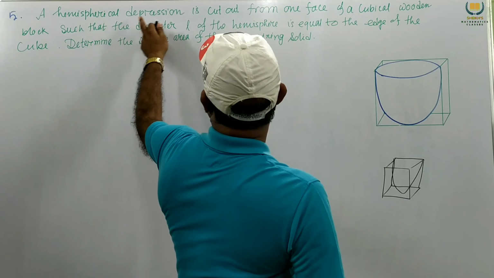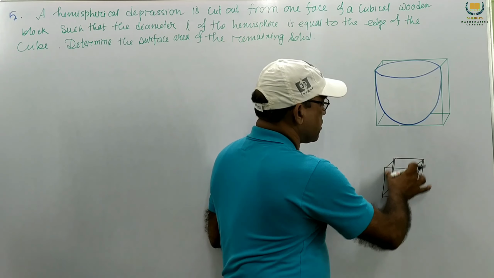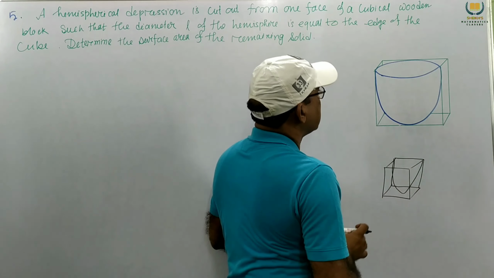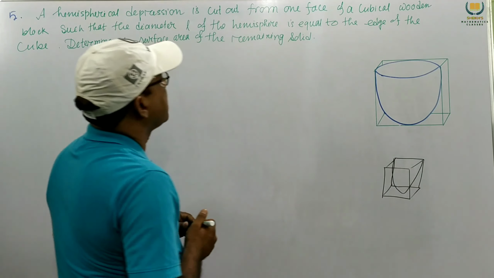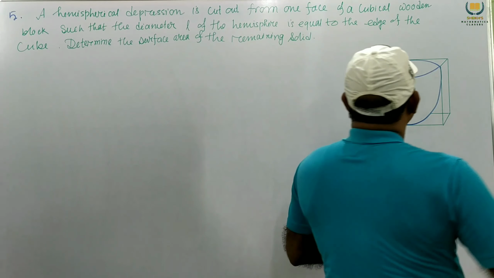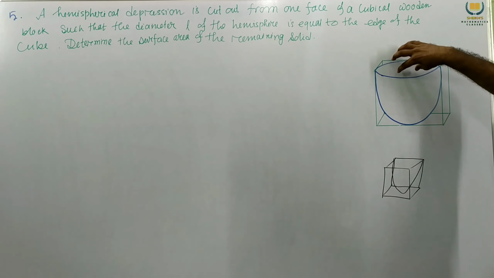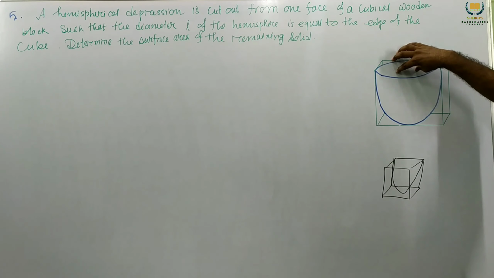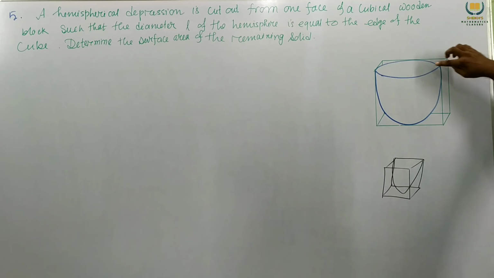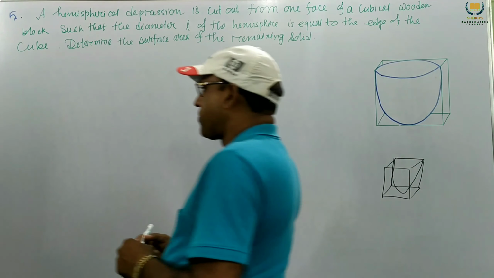A hemispherical depression is cut out from one face. This face, one face. Now, what is the remaining surface area? That means the surface area of all of this stays the same. Only this portion is left out, because this also has surface, but this is the curved surface area of the hemisphere.